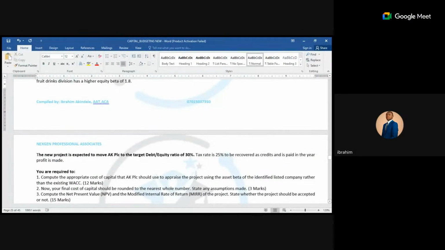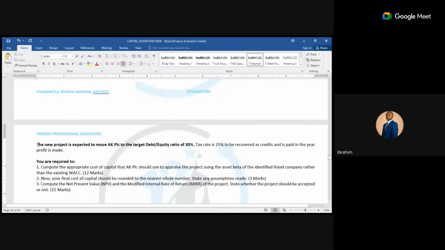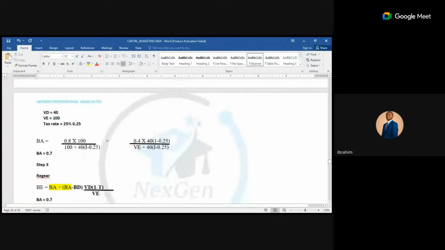When you check this part of the question, the new project is expected to move KPLC to this, so you can now see that your level of gearing is debt to equity of 30%.